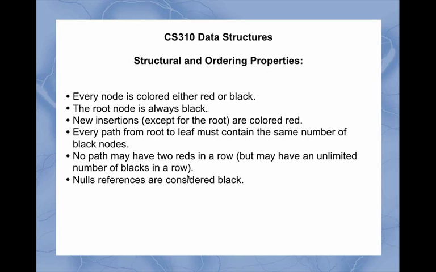So I want to switch to the sketch pad and talk about a simple idea that underlies this first. Each node in the tree is colored red and black, and the root node is always black. So we will give this a B. Notice what we can have here. The properties of these trees require the same number of black nodes down every path.